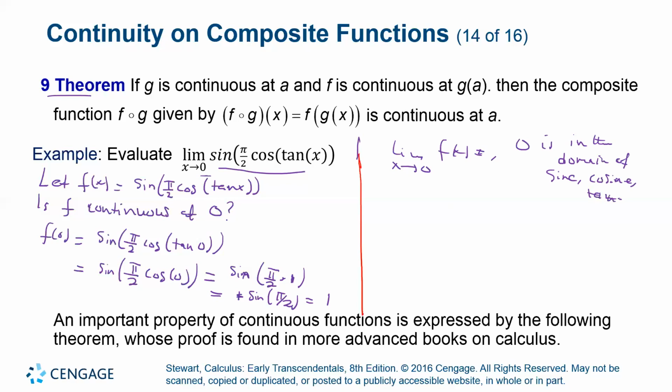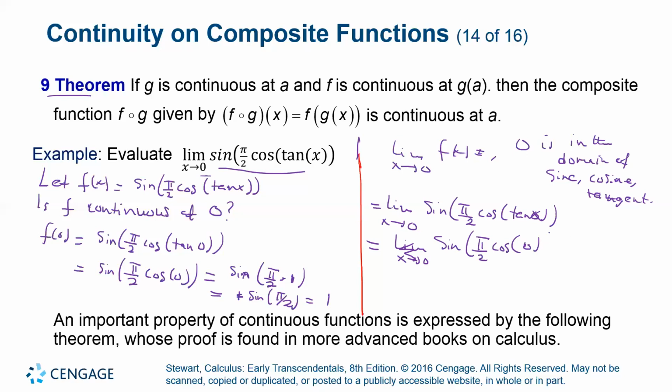If you want to find this, it is equal to the limit as x approaches 0 of sine of pi over 2 cosine of tangent of x. Since x is in the domain, we'll use direct substitution, which gives us sine of pi over 2 times the cosine of 0, because tan 0 is 0.